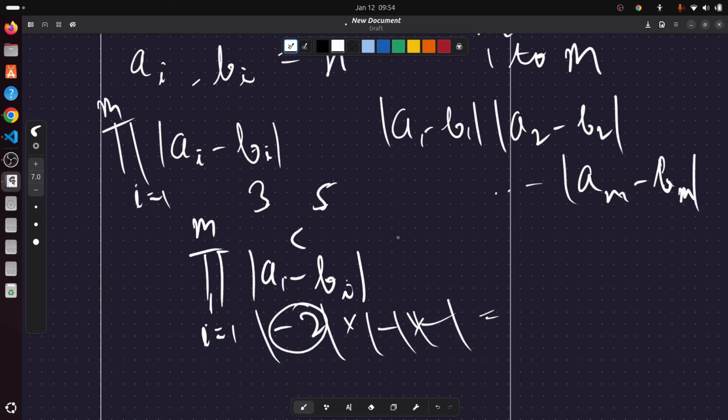But actually we don't need to add mod to every term. We can simply take the mod of the entire thing, and even that is sufficient.